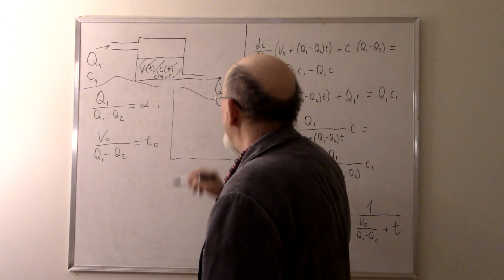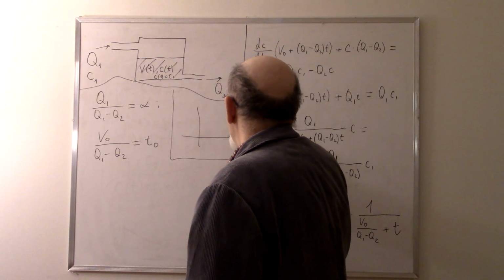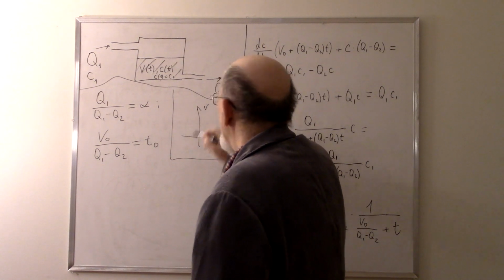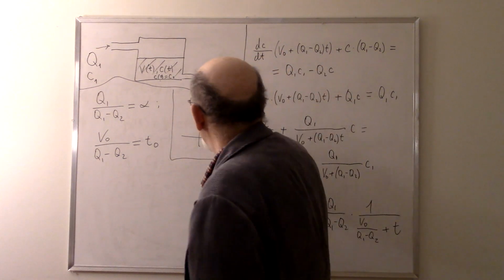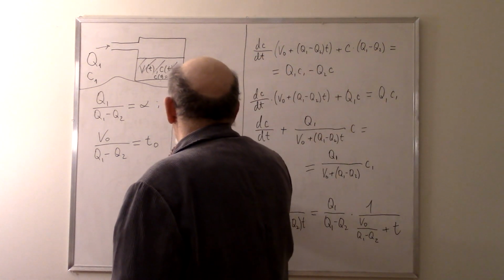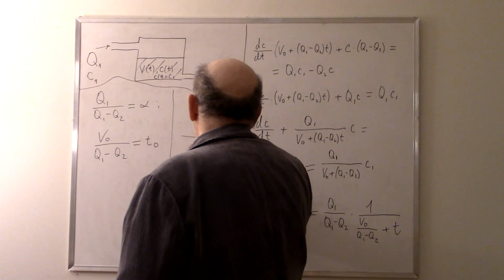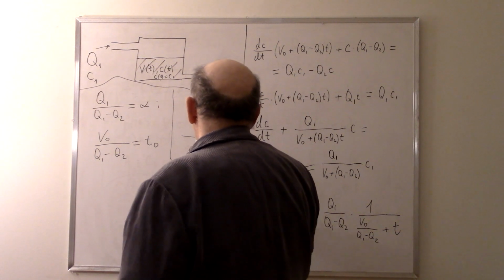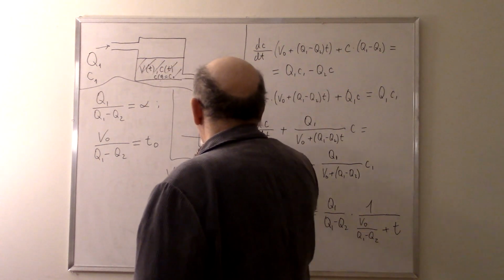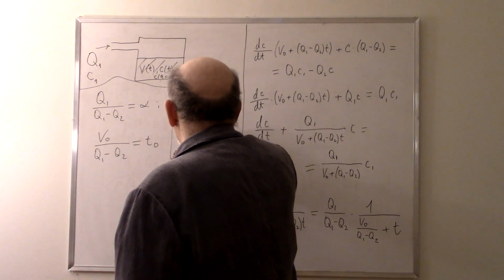The function V of t is V0 plus (Q1 minus Q2)t. So at time 0 it is V0.